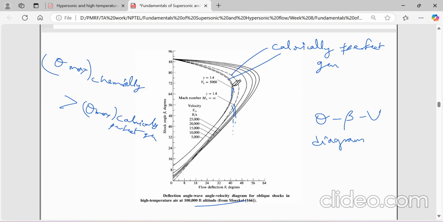And you can see this also that for upstream Mach number tending to infinity, this theta max for this value is coming around, let's say, 45, 46, but there is also data for different velocities. For chemically reacting gas, we are getting higher theta max also.